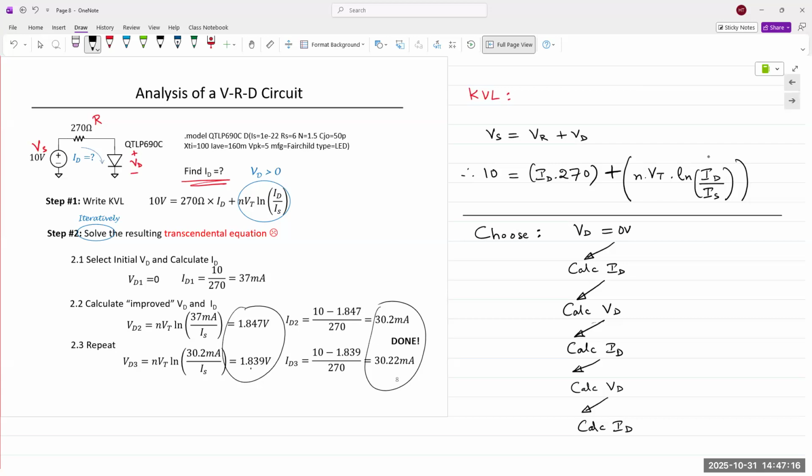So again, it matches up to 1 decimal point. But if I wanted to go down to like microamps, 3, 4, 5, 6 decimal places, it doesn't match up. So you keep reiterating again and again until you obtain the final answer, which typically does not take long. Okay.